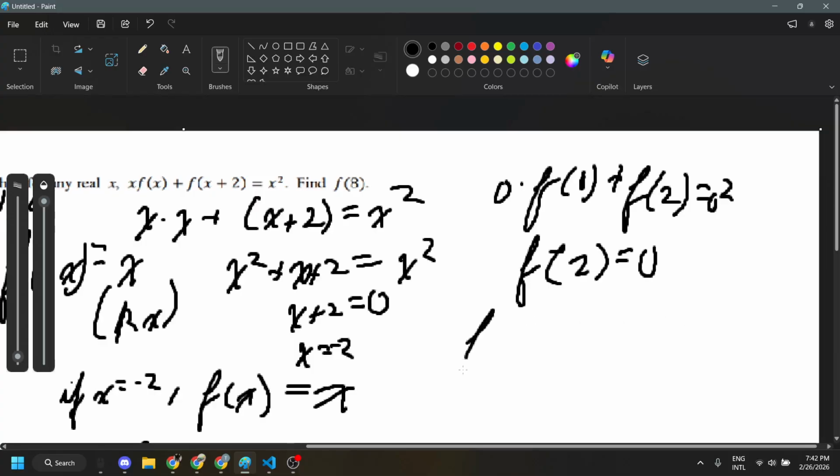f of 8 is equal to, well, we can't say it's equal to. We want to plug in f of 8.